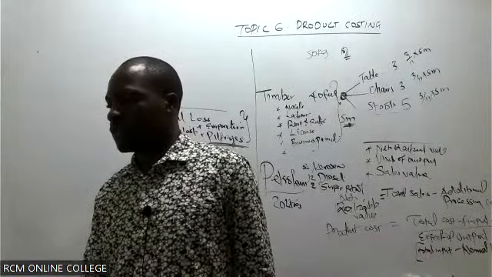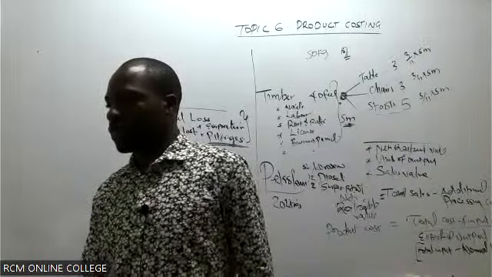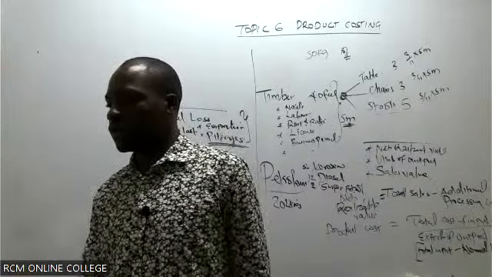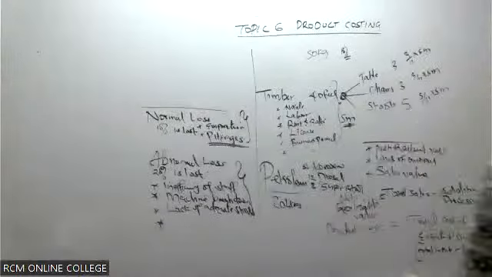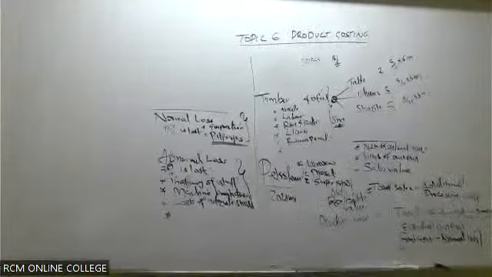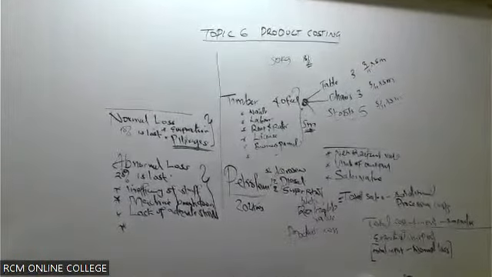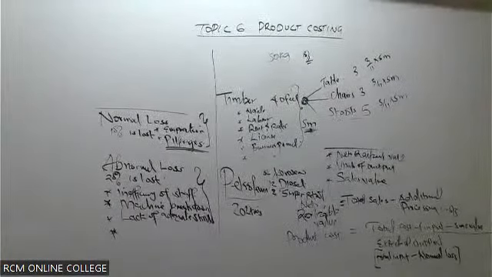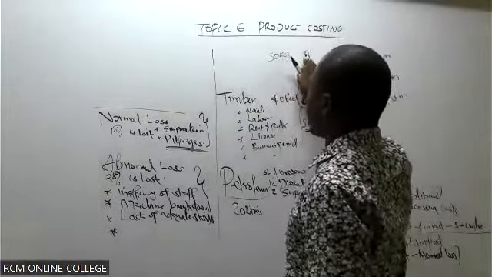If normal loss is expected loss, how do I define abnormal loss? The excess of normal loss results in abnormal loss. Under normal circumstances, anytime you bring in raw material, we expect to be losing 10%.